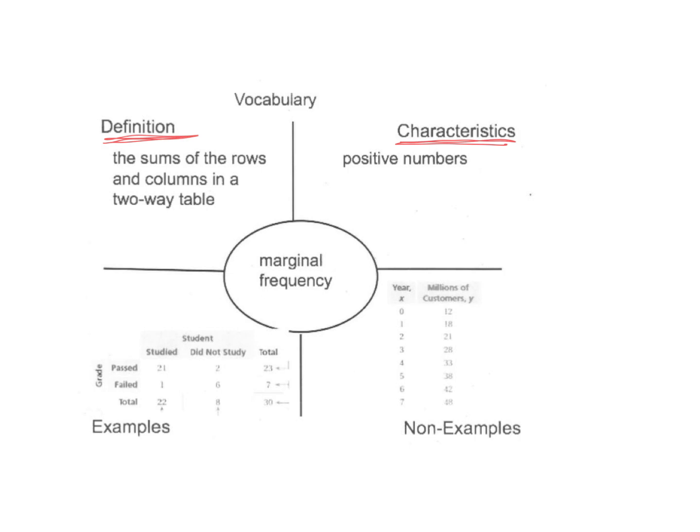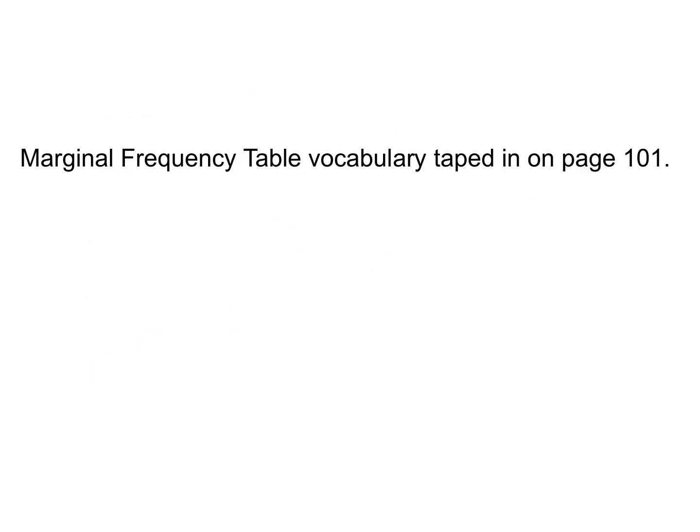So notice how we have all these totals on the outer side of the table. This is what is considered a marginal frequency. Make sure you write it down. So the marginal frequency table, you need to tape it in on page 101 so you have those definitions.